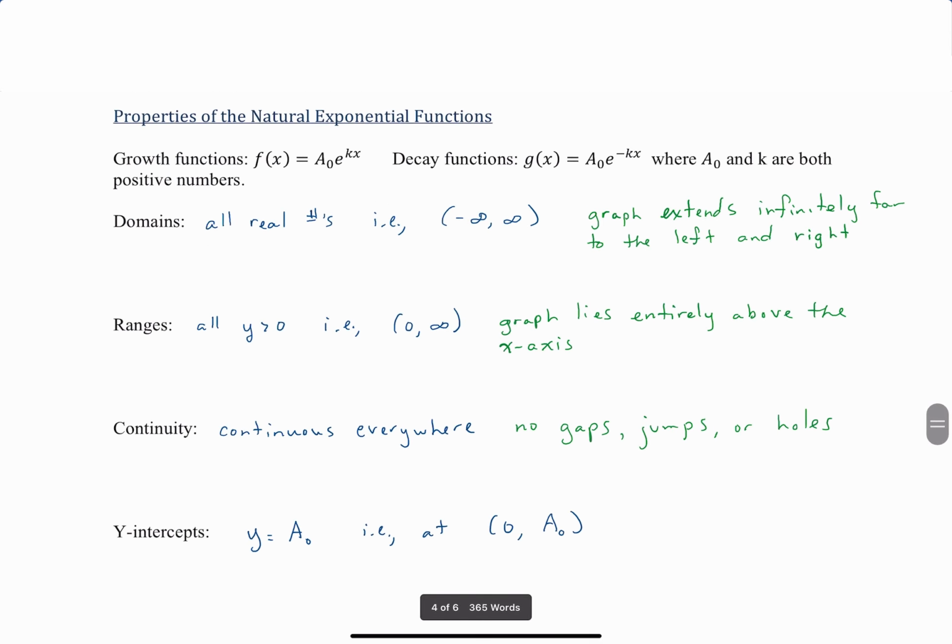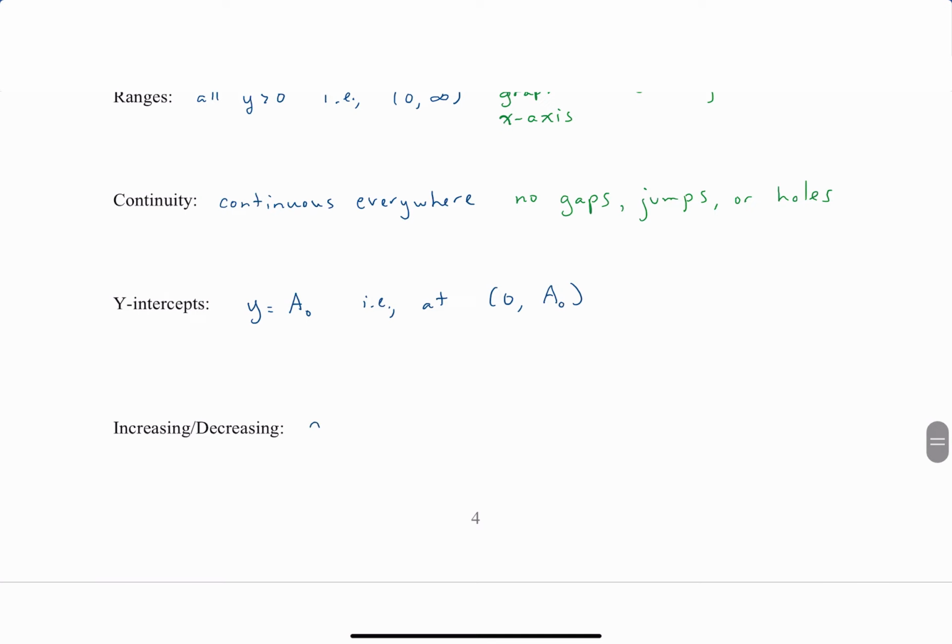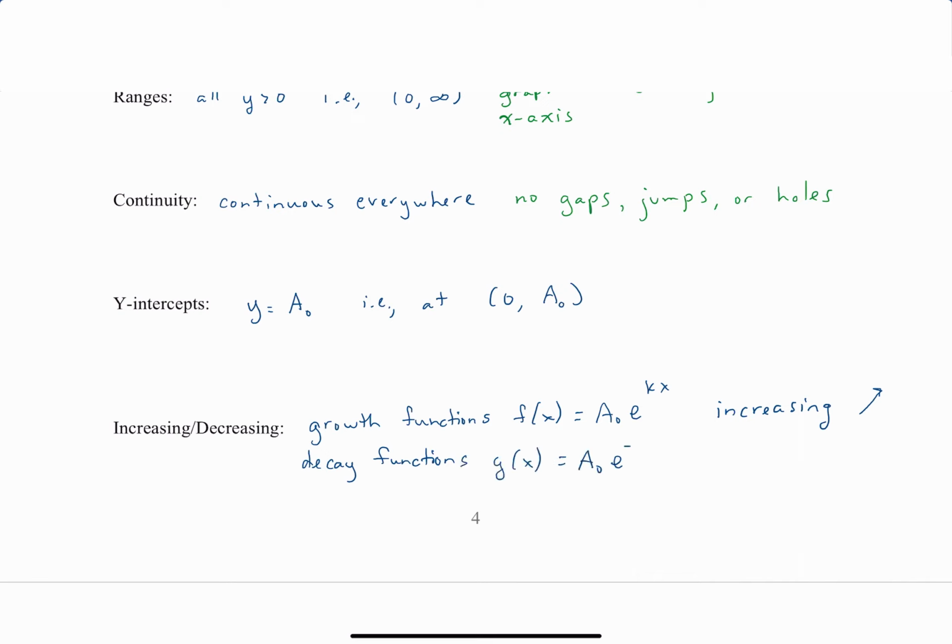Let's see, any other properties? Yes, increasing, decreasing. Growth functions, in other words, functions where the exponent does not have a negative sign, so e to the positive number times x, are always increasing. In other words, going uphill as you go from left to right. And decay functions, those are ones where the exponent has a negative sign.